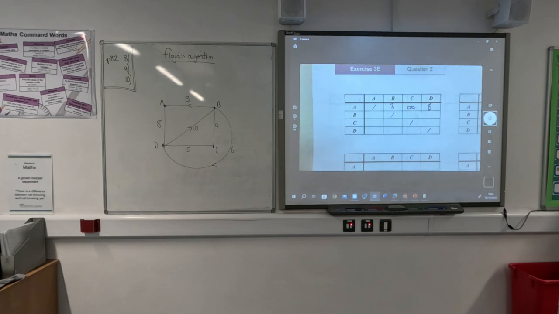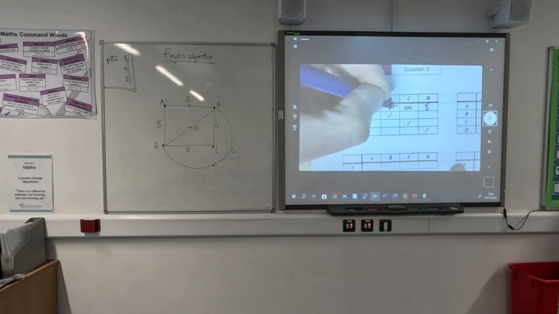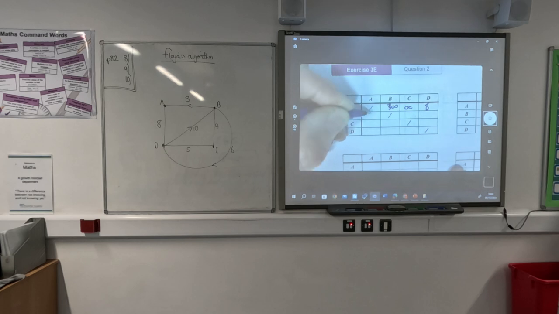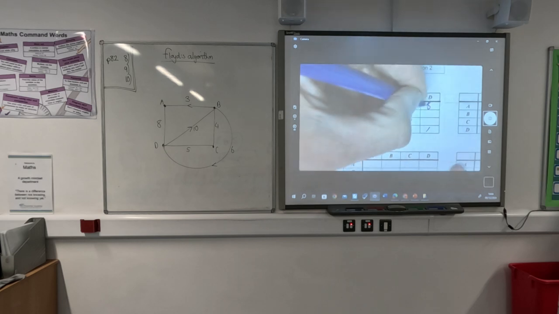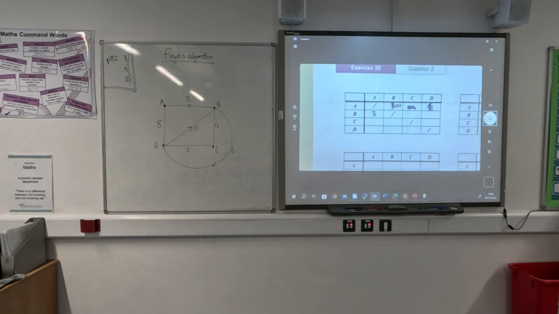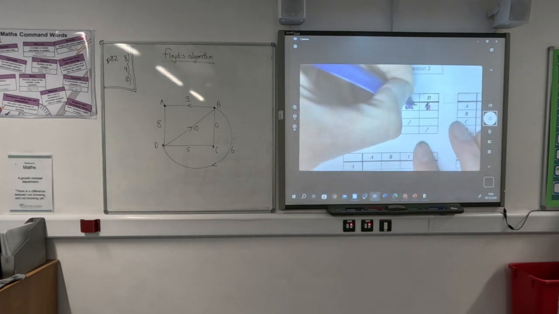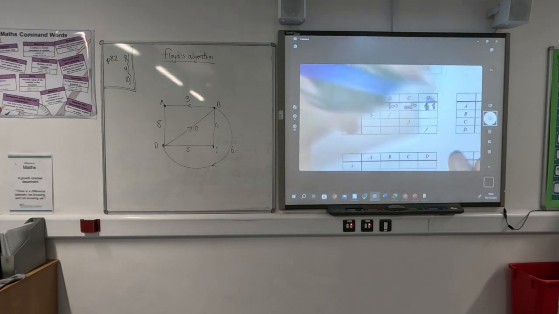Oh no, that's wrong. A to B is infinity. B to A is 3. A to C, so A to B, infinity, A to C is infinity. A to D is 8, so 8 doesn't have an arrow on it.